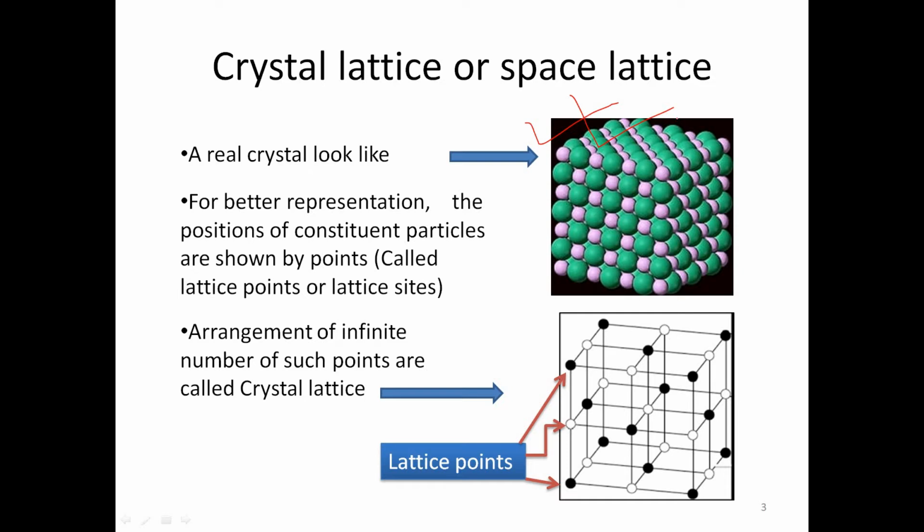We represent the constituent particles, whether they are atoms, ions or molecules, as points, rather than considering the actual crystal. So these points are called lattice points. And if we draw straight lines connecting these lattice points, then we will get the space lattice.